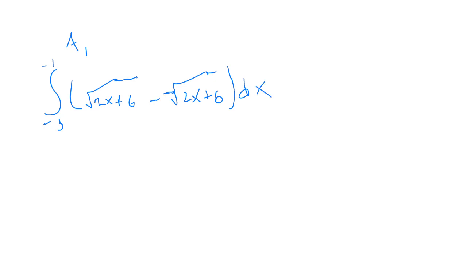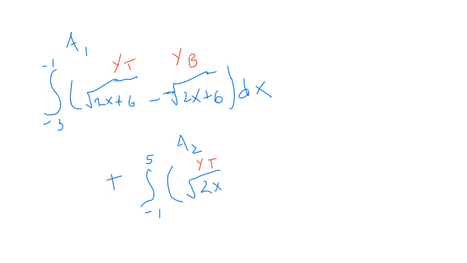And then plus a second area. The second area would go from -1 to 5. So you have y sub t, top function, minus bottom function. The top function for that second area is still square root of 2x plus 6.